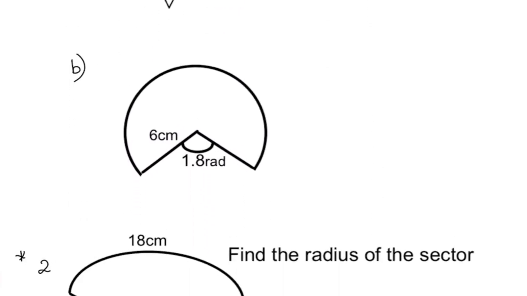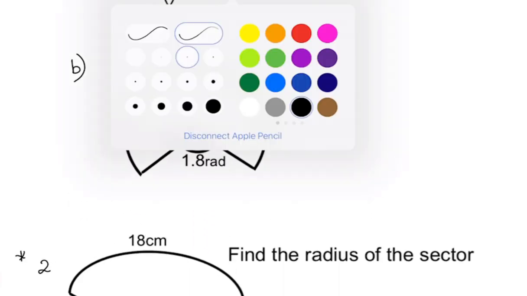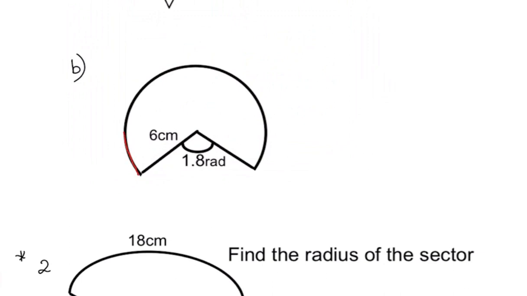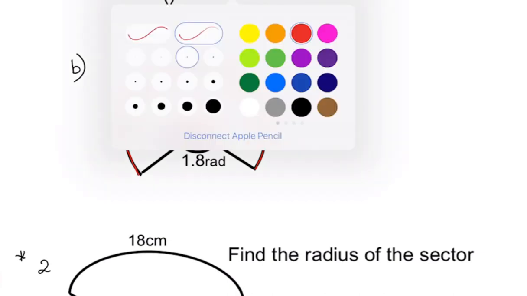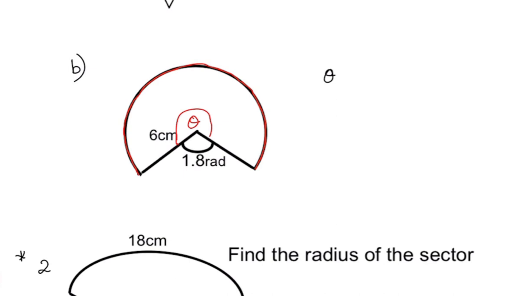Next question, we're asked to find the arc length, and you can see this is quite a large arc length. I'm marking it in red. It's often referred to as the major arc because we have a major sector. So we actually need this angle here. I'm going to call that theta. Okay, so you can see that theta in our case is 2 pi, because that's a full circle, minus the 1.8.